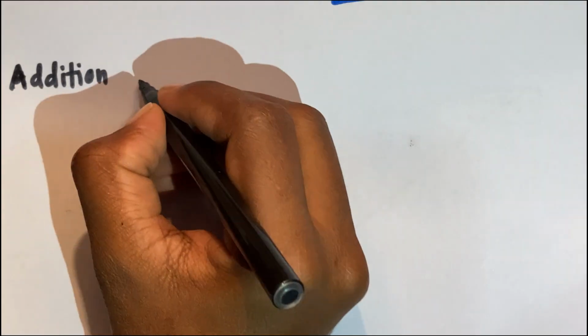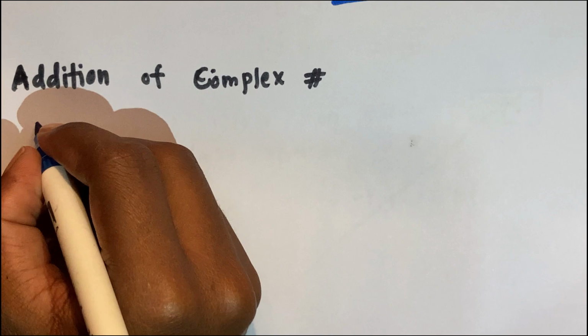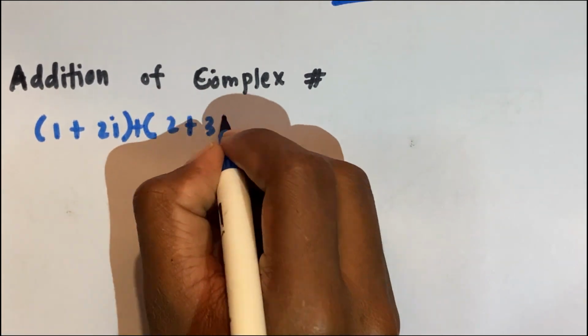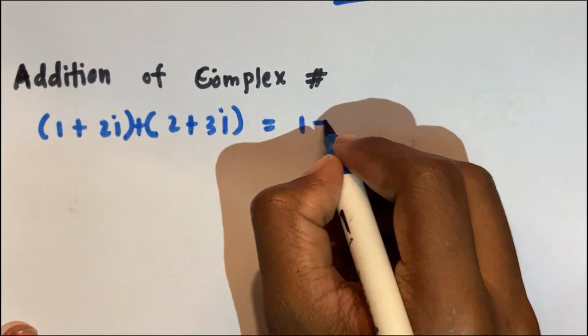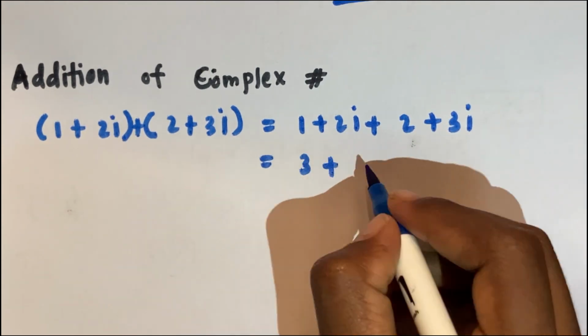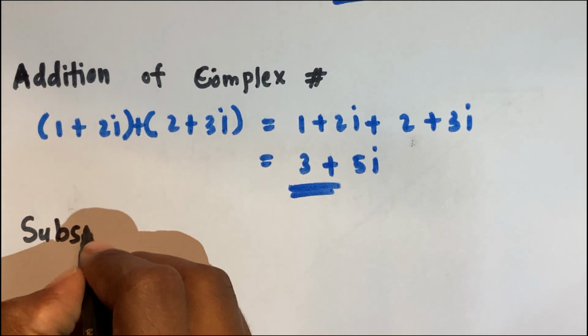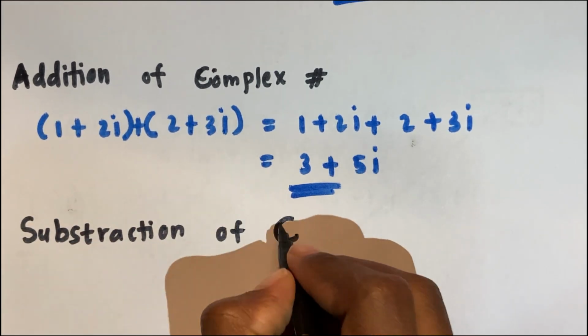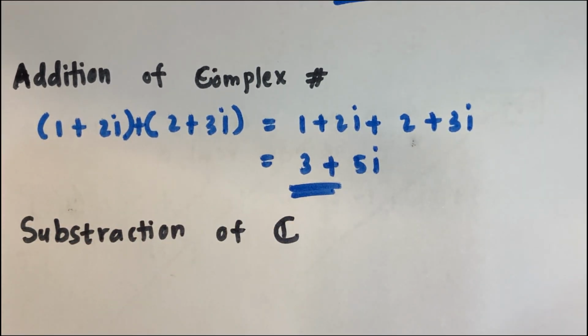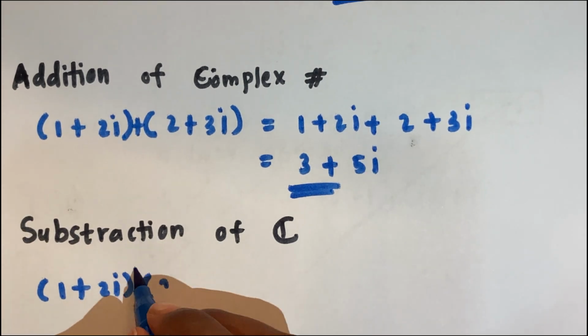Next. Addition of complex numbers. Consider 1 plus 2i and 2 plus 3i. Next. Subtraction of complex numbers. Consider 1 plus 2i and 2 plus 3i.